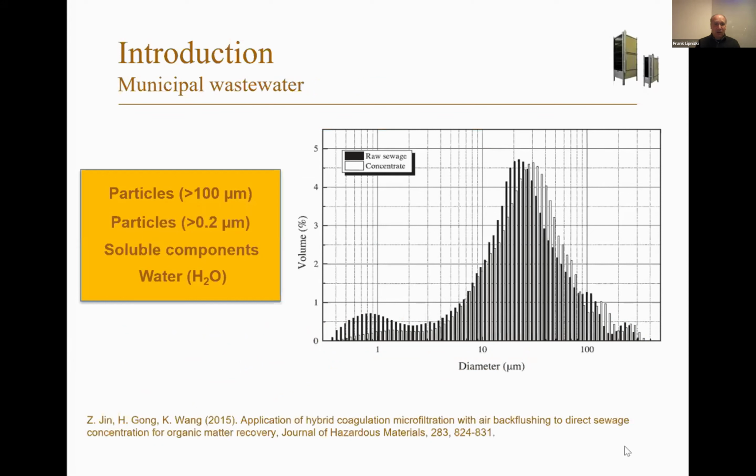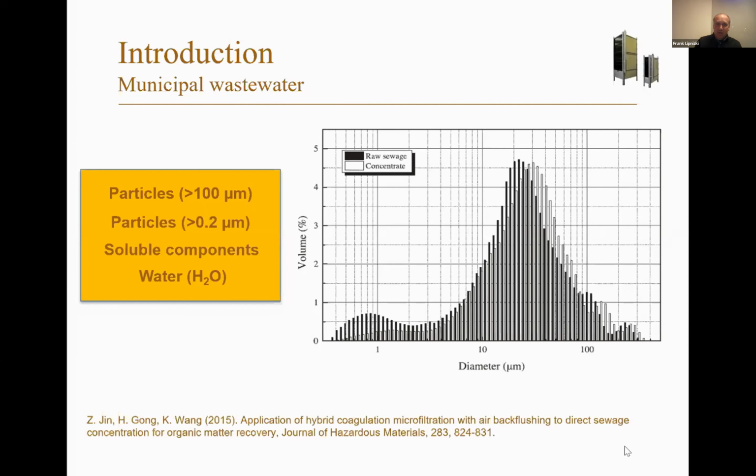Just briefly, how does it work? When you look at the particle size distribution of municipal wastewater, you can see you have particles greater than 100 microns, you have particles greater than 0.2 micron, you have soluble compounds, and certainly a lot of water.